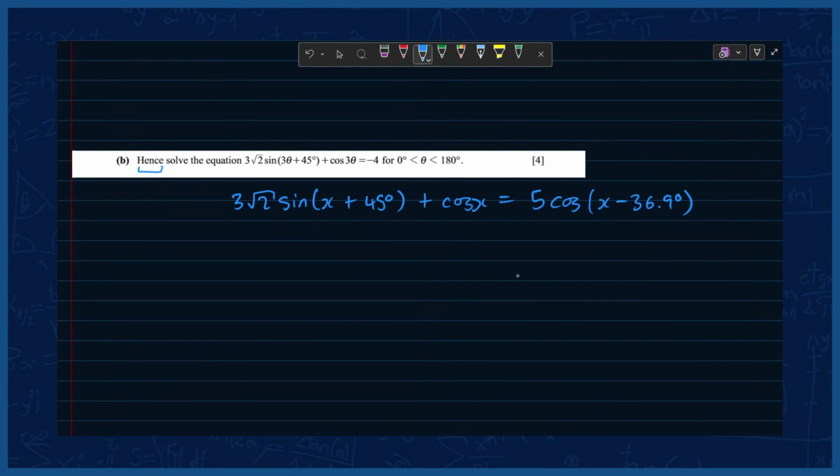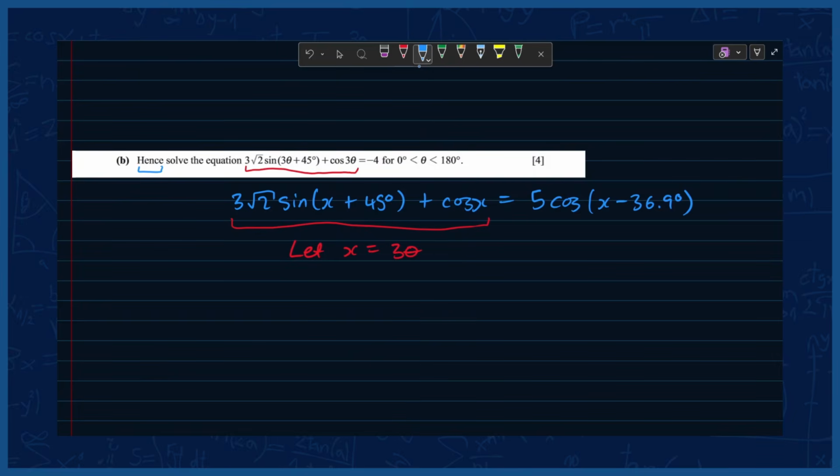I just want you to compare this and this expression. So I've got 3 root 2 in both of them, sine, but my x appears to have become 3 theta. The 45 degrees is still the same, cos, then my x has become 3 theta. So it looks like they've just used a substitution to say let x equal 3 theta.